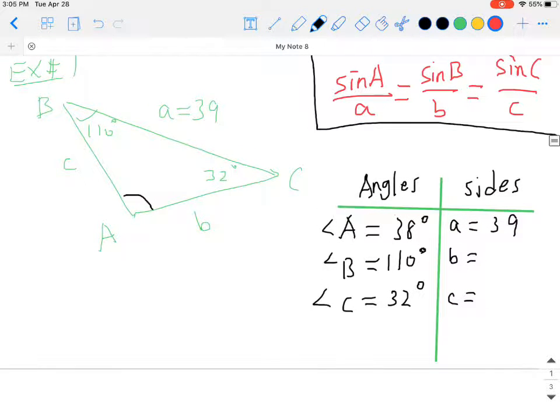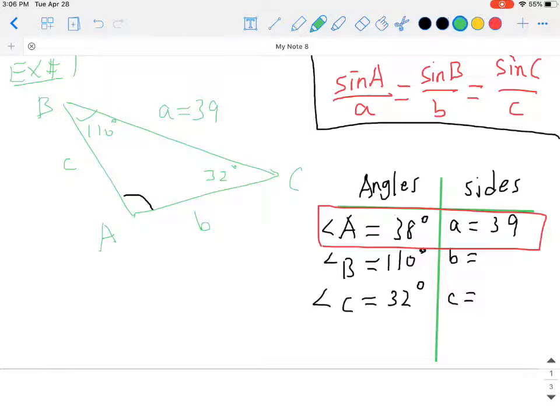To do this, always remember we have the law of sines. With this, we always need to look for the combo: sine A over a equals sine B over b. First, find the combo where both the side and the angle are given. In this case, we only have angle A right here, because the side and angle are both given.